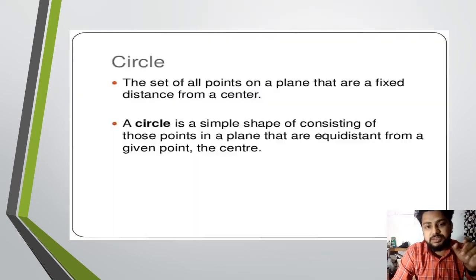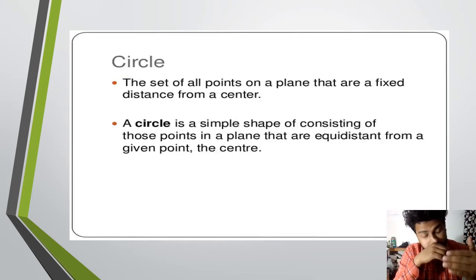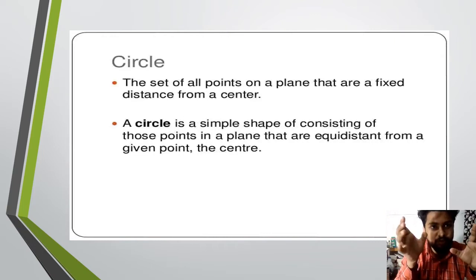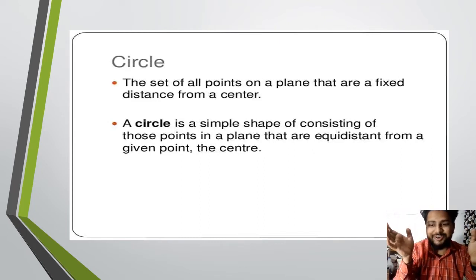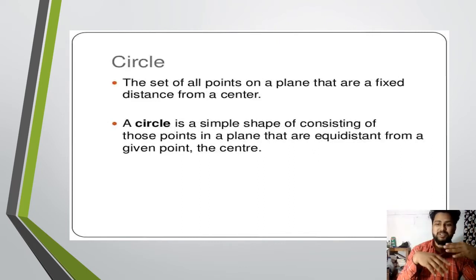Here is a definition of the circle; you can note it down also. This is the famous definition: the set of all points on a plane that are a fixed distance from the center. I didn't mention a plane in my definition, but it's understood that I am talking about a plane. Don't assume I'm saying the distance between all the points in 3D, because in 3D it makes a sphere, not a circle.